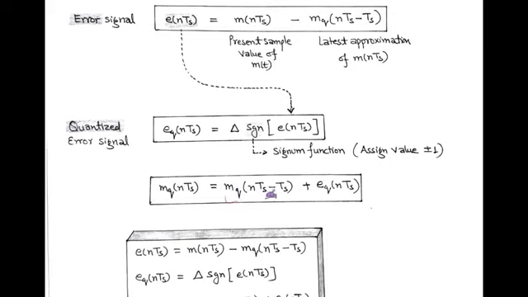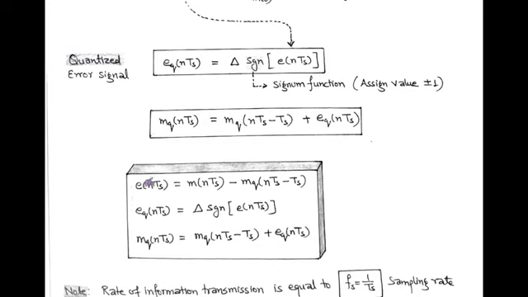Here the first term is called the latest approximation of the sampled version of the modulating signal, and the second is called the quantized error signal. So these are the three sets of discrete time relations that describe the operation of delta modulation. We use these three relations in our discussion.